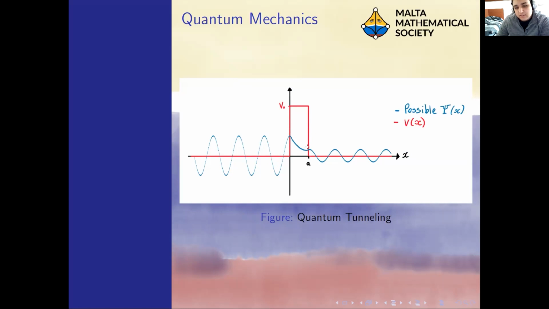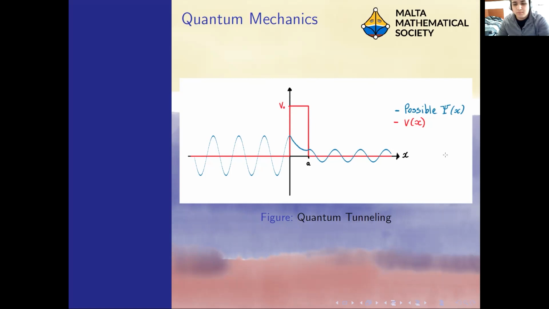And as you can see, the amplitude decreases on the other side. If you were to square these waves and find the probabilities, you'd see that there's a very regular probability of finding it anywhere on this side. However, there is a small chance of finding it on the other side of the barrier. So in that sense, quantum mechanics tells us that these particles can somehow go through walls.